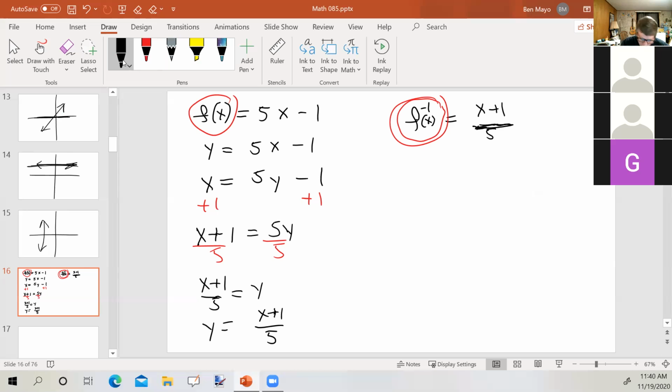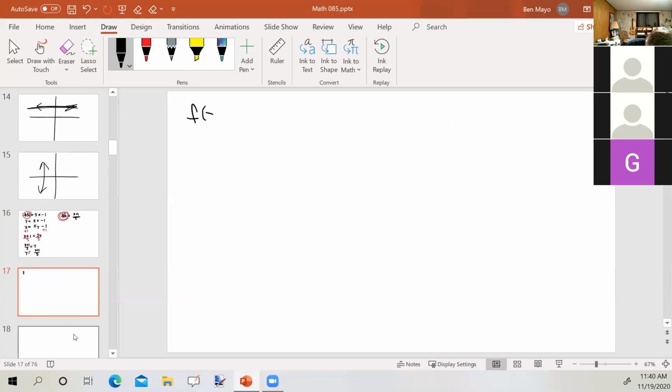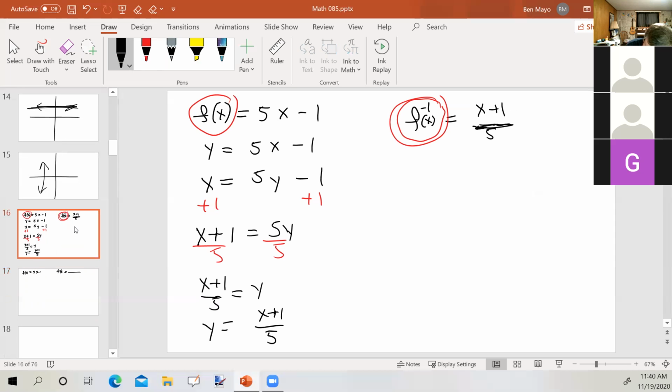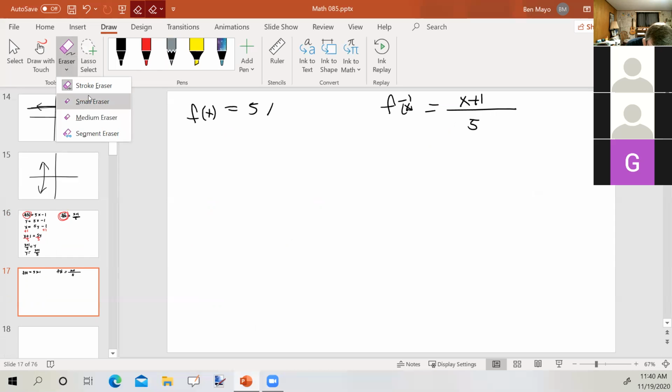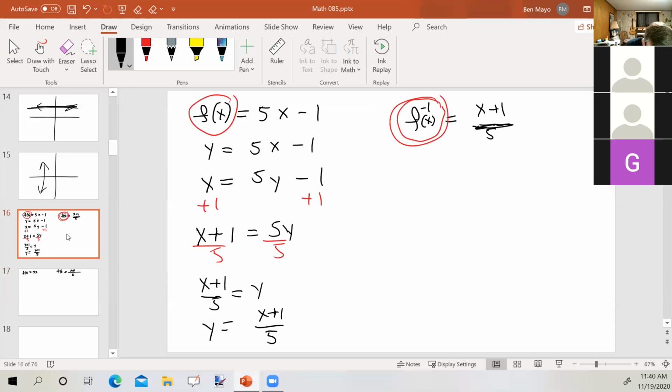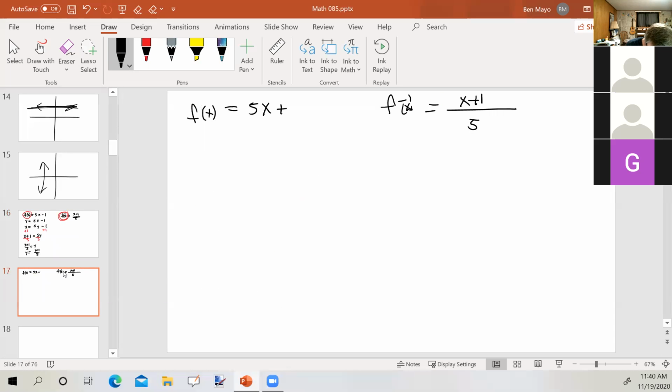Okay. What I want to do now, I want to rewrite those 2 functions. Let's see here, what was it? It was x plus 1 over 5. And I want to find some table values of these 2 functions.